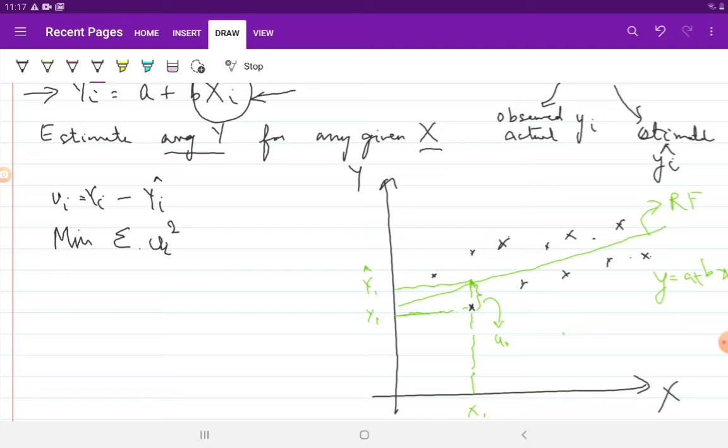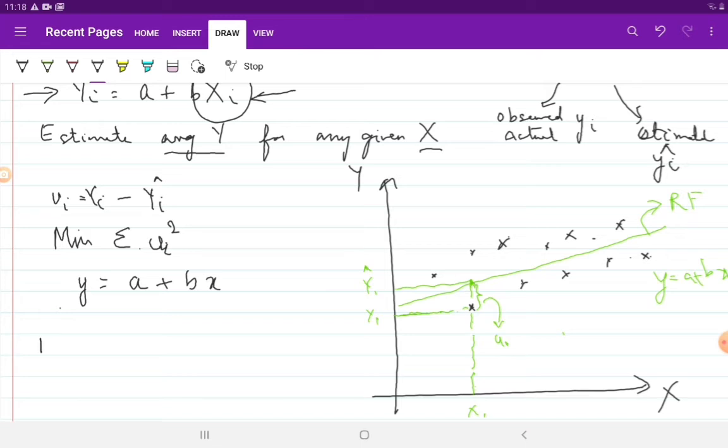Since we have not done too much of differential calculus, we do not care about the derivations right now. All you need to remember is, like I said, in the principle of least squares, this regression function can be estimated using the two normal equations. Remember your normal equations: if your regression function is a plus b times x, you will have two normal equations.